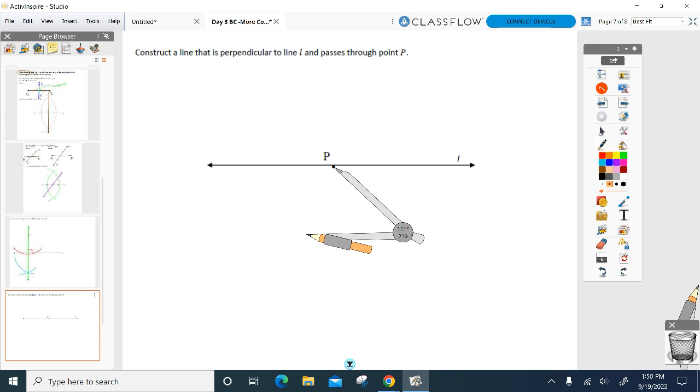Perpendicular lines, how to construct perpendicular lines. Whether the point is off or it's on, doesn't matter, same construction.